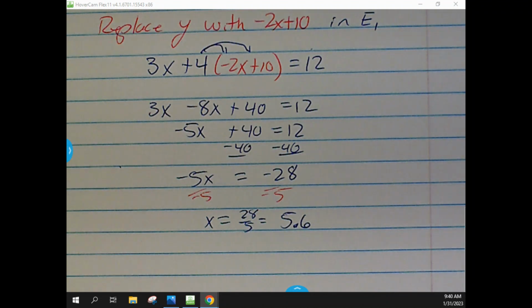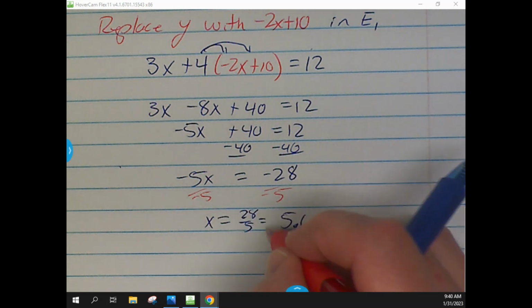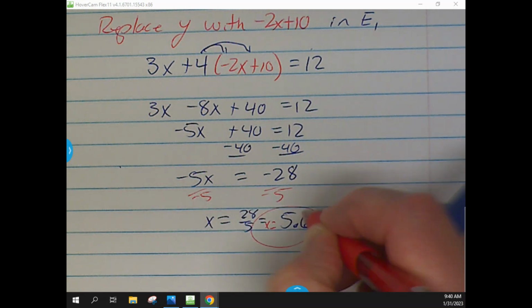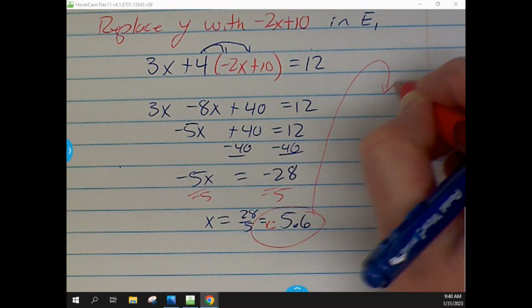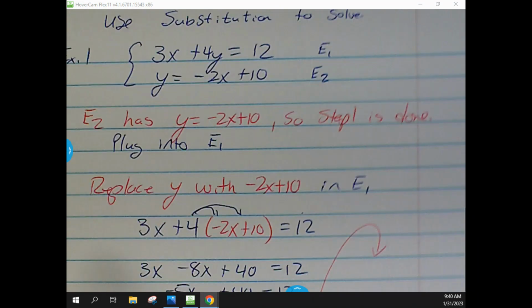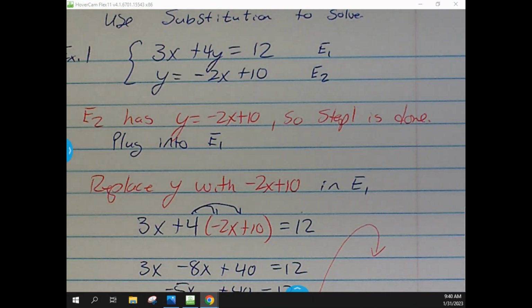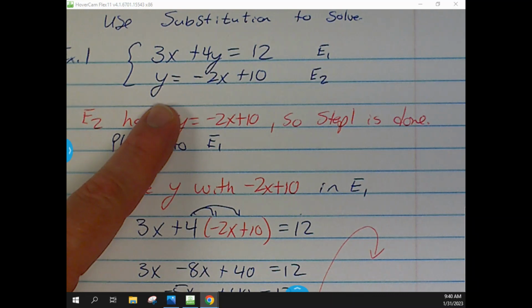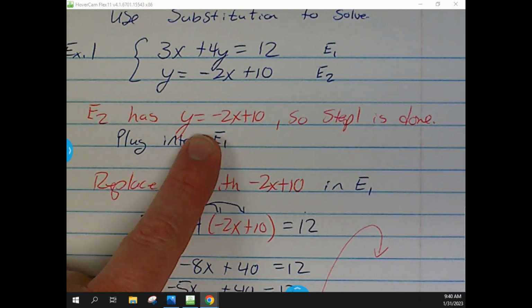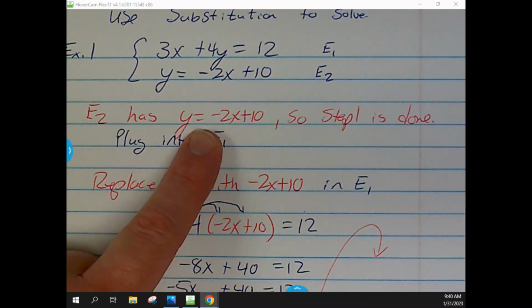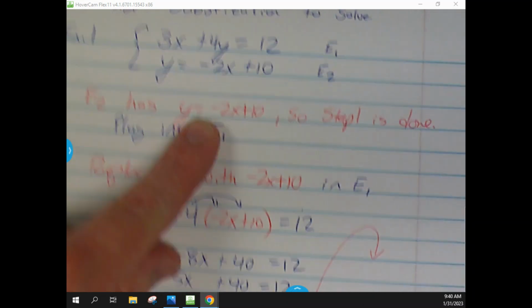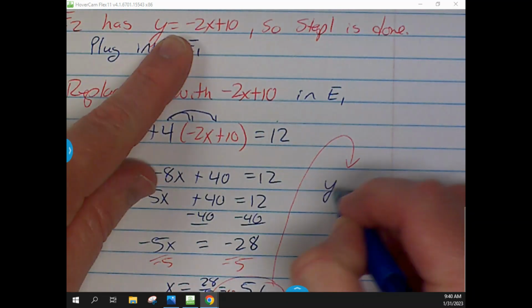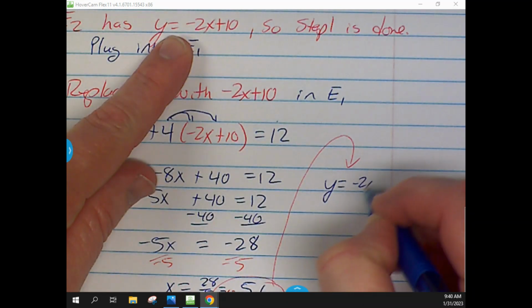Okay, and now we're back to what we were doing last time. Once you've got the x value, you've got to take this x value of 5.6, and you're going to plug it back into one of these original equations. But for these, you always probably want to use whatever we used for equation 1 in step 1, that's the equation you want to use, because it just makes the work a lot easier. So we've got y equals negative 2x plus 10.